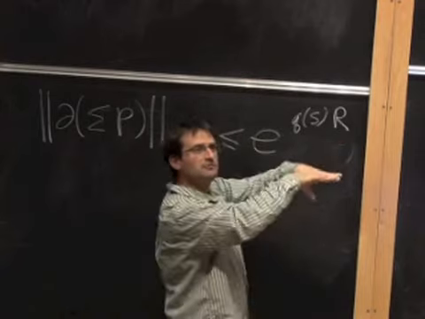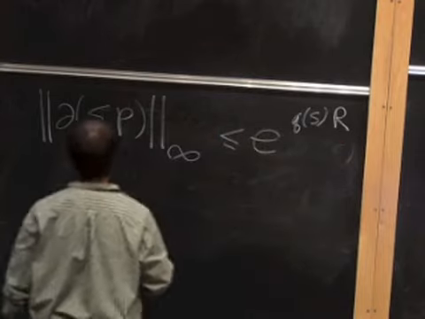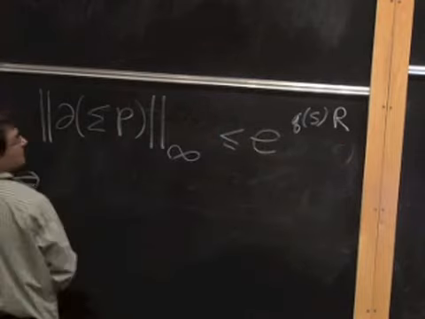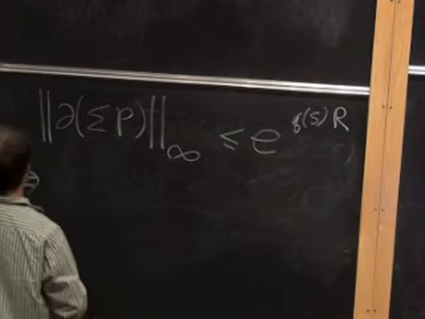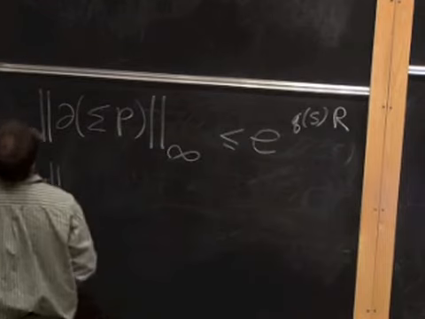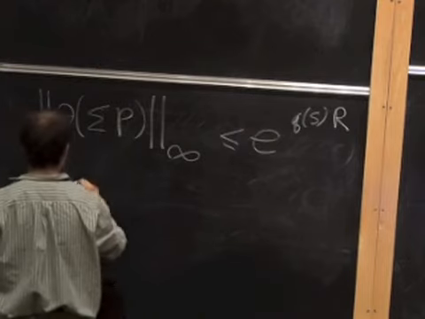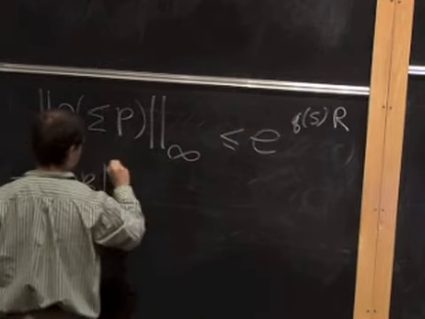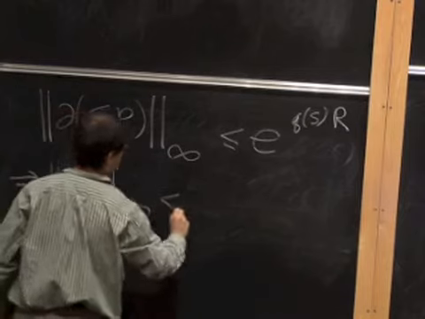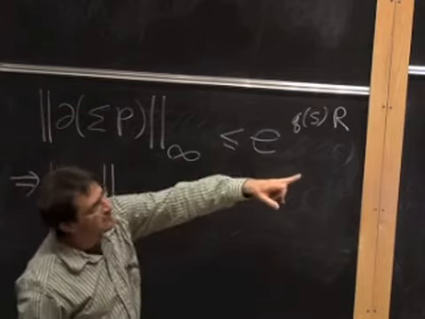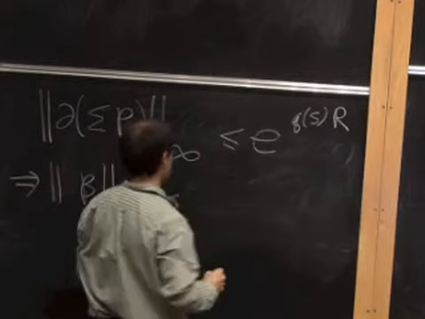And then it follows, from my definition of G, that the size of this beta term, G of this boundary, is like e to the minus r times this.